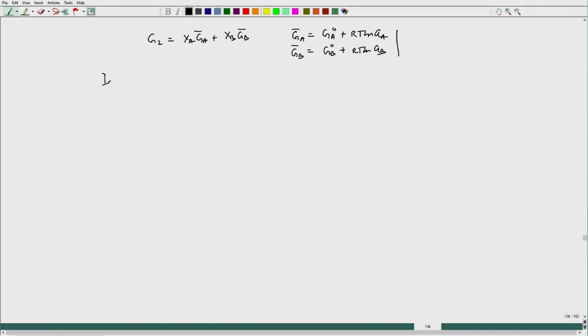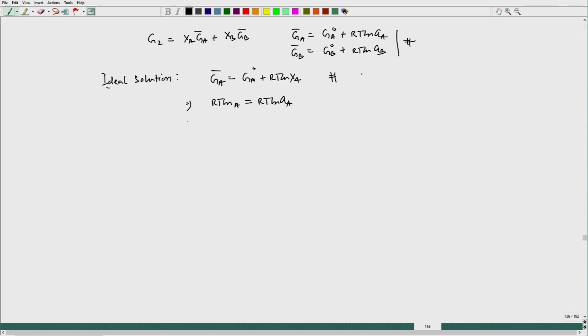Now, in the case of an ideal solution, we have seen that Ga bar equals Ga naught plus RT ln Xa. If I compare this with the previous expression, I can write RT ln Xa should be equal to RT ln Aa.